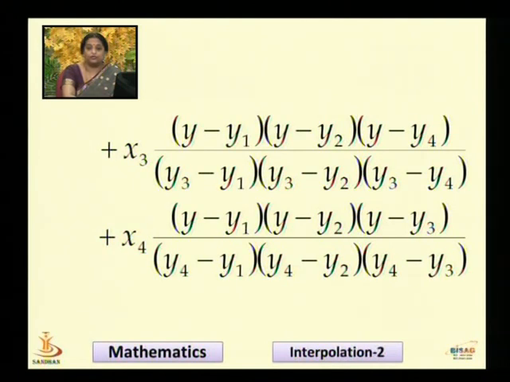We have seen that there are 4 terms in the interpolating polynomial.